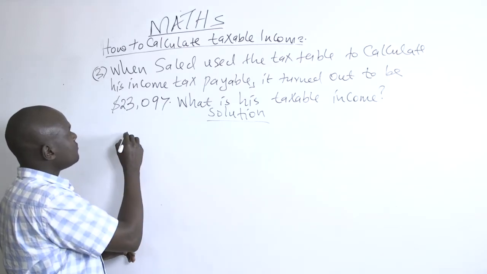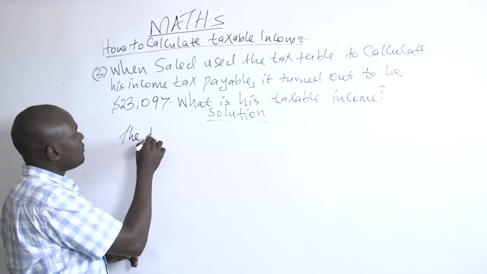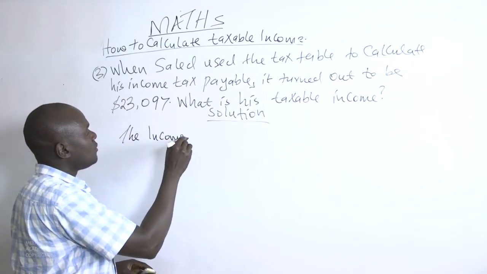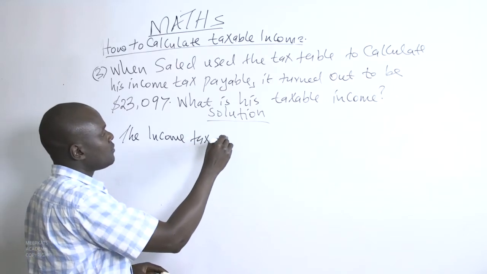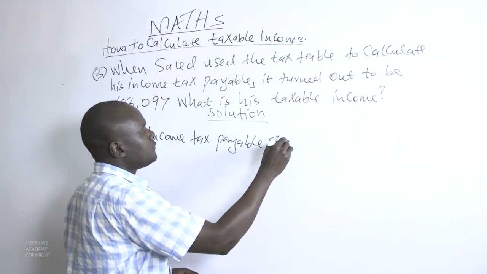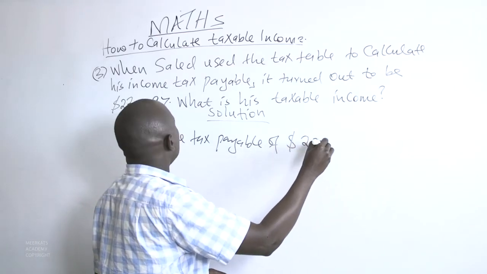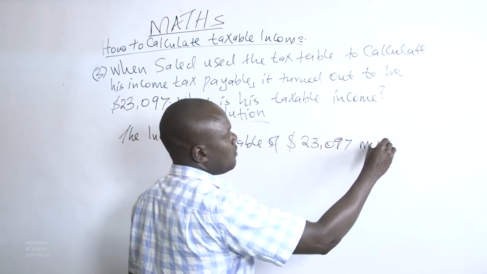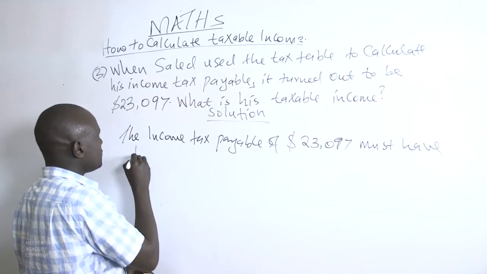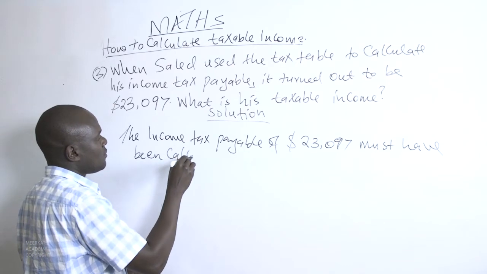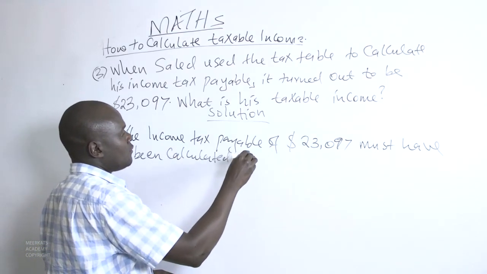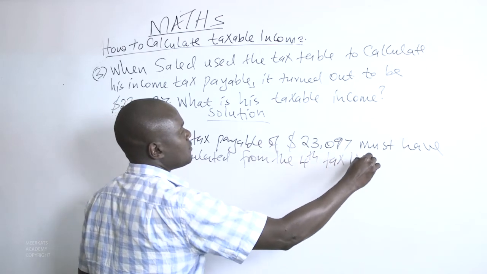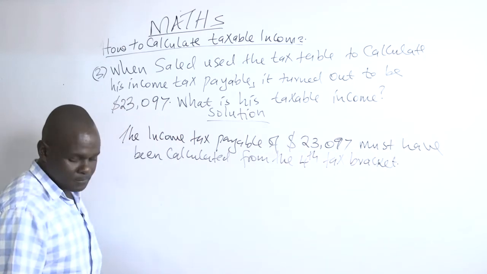So we can say the income tax payable of $23,097 must have been calculated from the fourth tax bracket.